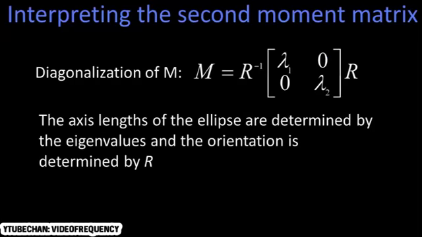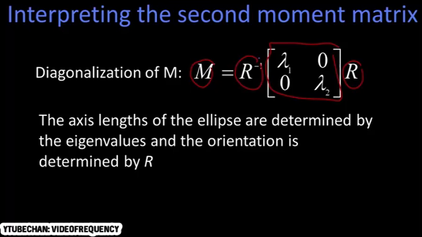Now, for those of you who remember from your calculus and your linear algebra, we can take this second order matrix, this ellipse, and diagonalize it through a rotation. Remember we talked about singular value decomposition? Well, this is not exactly that, but it's quite related, where basically we can think of M, that special matrix, as being rotated or unrotated by R, then it's a diagonal matrix, and then it's re-rotated.